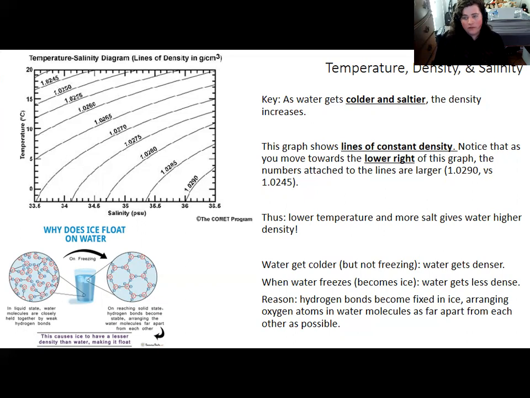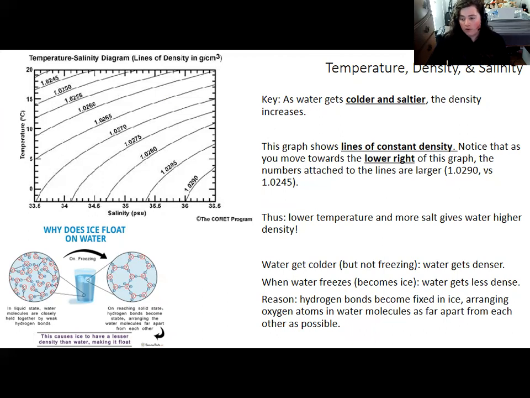And this ice being less dense than liquid water is a consequence of water molecules being polar. Water molecules being polar means that the oxygen atom in a water molecule has what's known as a partially negative charge, since oxygen in general attracts electrons to it. And in contrast, the hydrogen atoms have a partially positive charge.